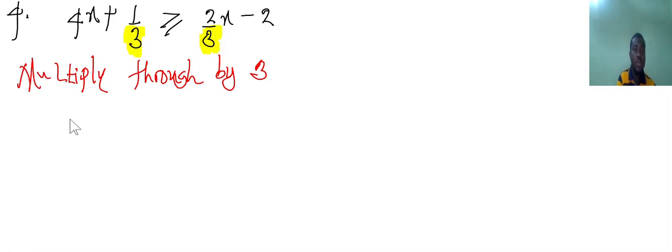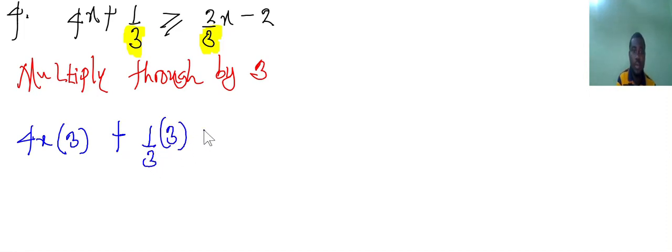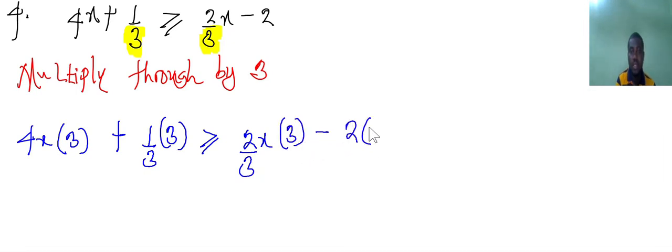So multiplying through by 3, we have 4x, each of the terms will be multiplied by 3, plus 1 over 3 multiplied by 3, greater than or equal to 2 over 3 of x multiplied by 3 minus 2 multiplied by 3. That becomes 12x plus, the 3 up cancels the 3 down, so we have plus 1.